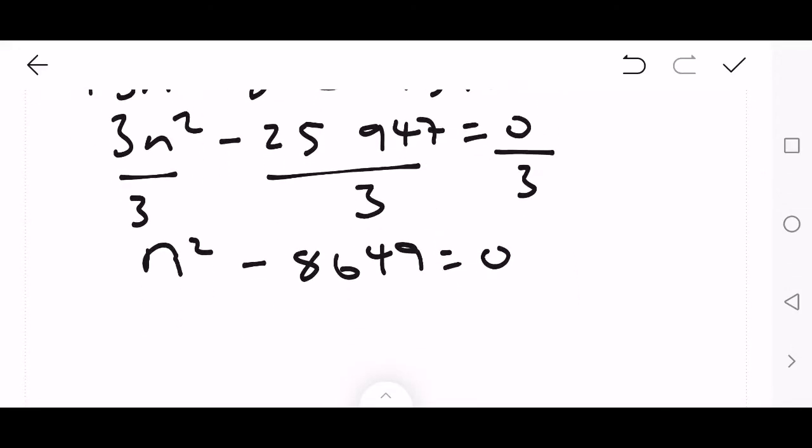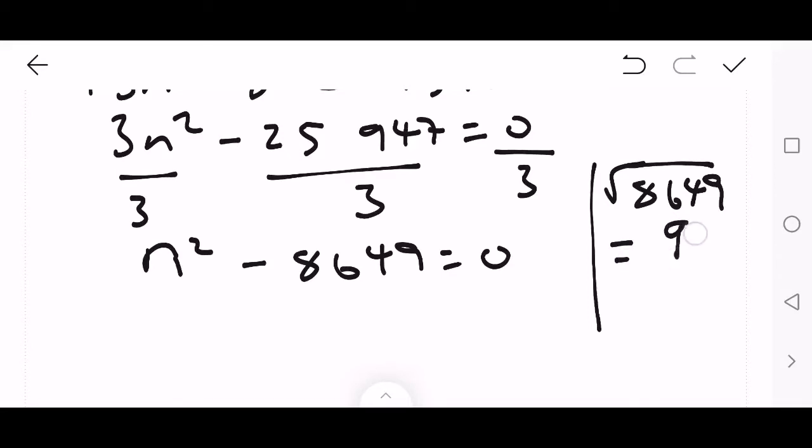So I will not waste time trying to factorize this. This looks like a difference of 2 squares, so I'll just test it. Looking for the root of 8649, the root is 93.